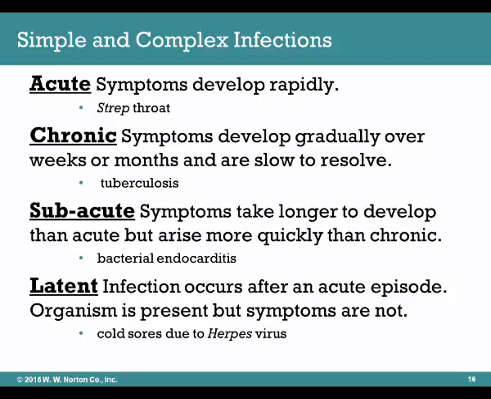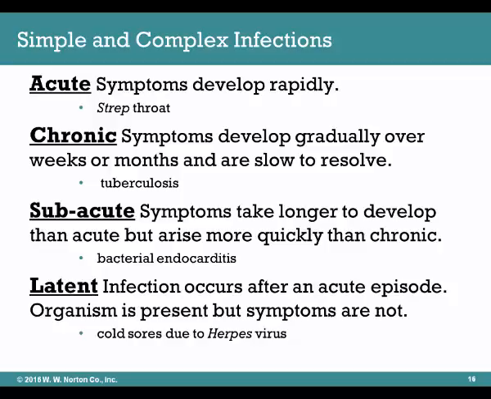Some infections are very simple and quick, and our immune system is able to efficiently eliminate them, whereas others are more complex and long-term. Something like strep throat or the flu, you get the infection, your immune system clears it. It's called an acute infection.